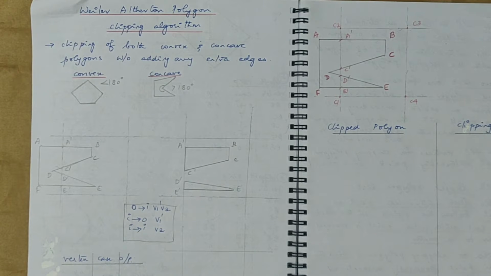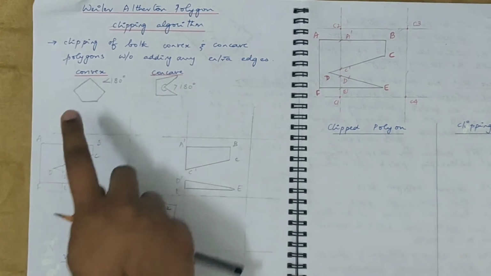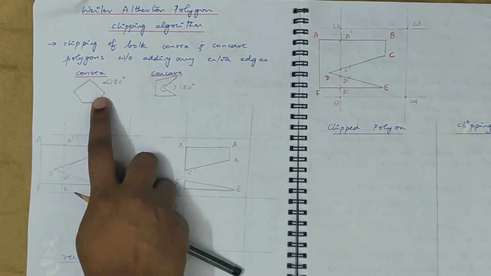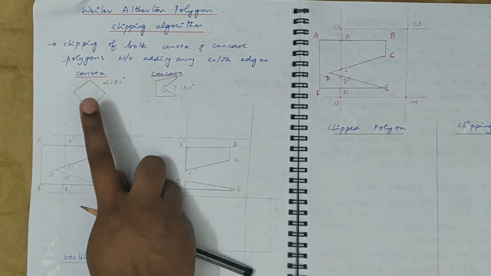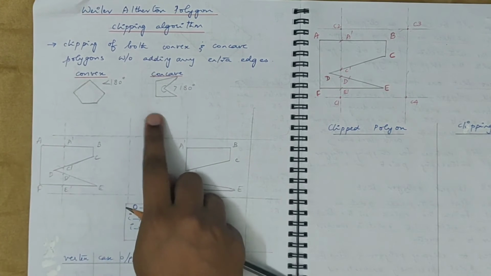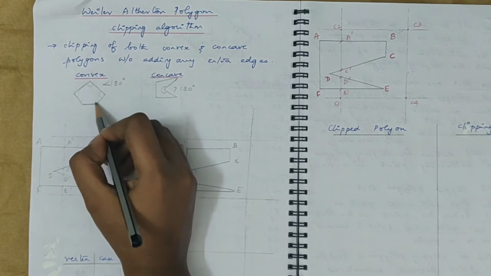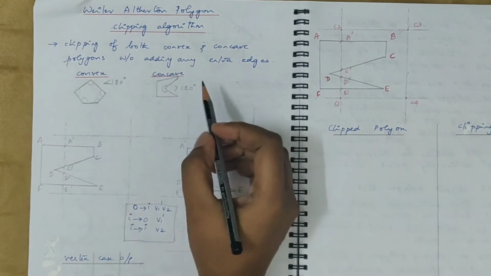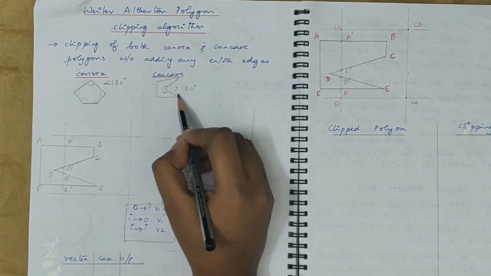Okay, so what convex and concave polygon mean is, if the angle between the edges is less than 180 degrees, you call such a polygon convex. Here you can see that all the angles between the edges are less than 180 degrees, right? But here, between these two edges, the angle is more than 180 degrees.